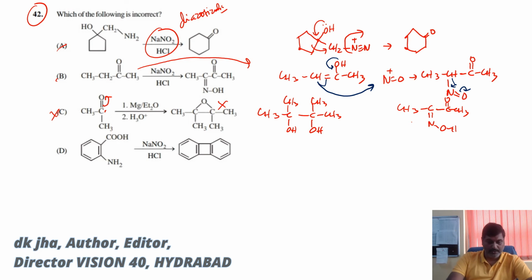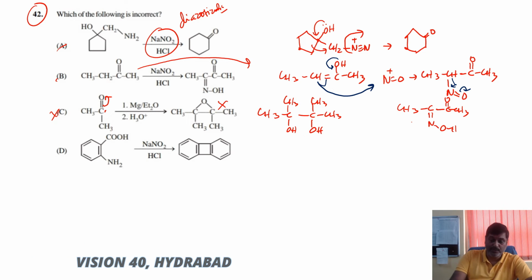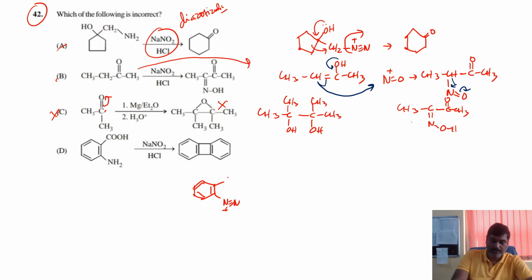D option also you see. This is the anthranilic acid, and that reacts with NaNO2 HCl. One thing is very clear now, that this NaNO2 HCl will convert this into N2 plus, and this one is C double bond OOH. It's very interesting that decarboxylation takes place, because N2 is the leaving one, right?